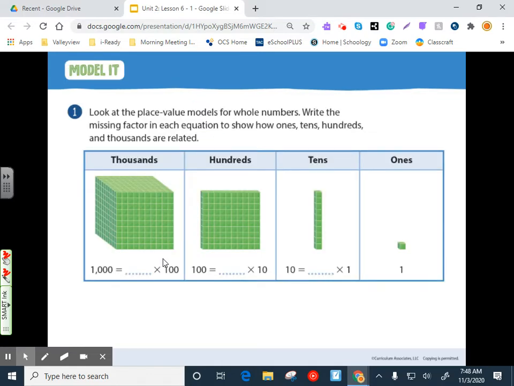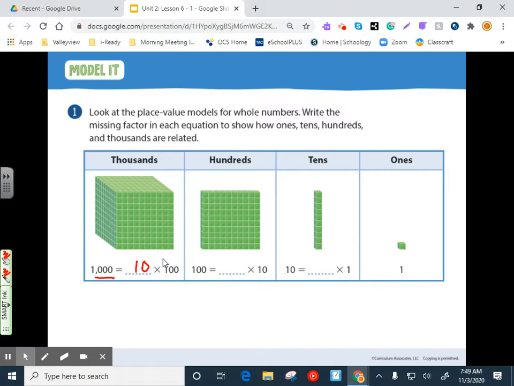Okay, look at the place value models for whole numbers. Write the missing factor in each equation to show how ones, tens, hundreds, and thousands are related. So for the 1000, we know to multiply 10 times 100. Each layer has 100.